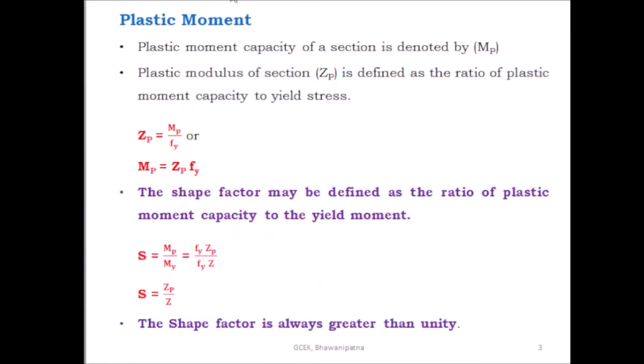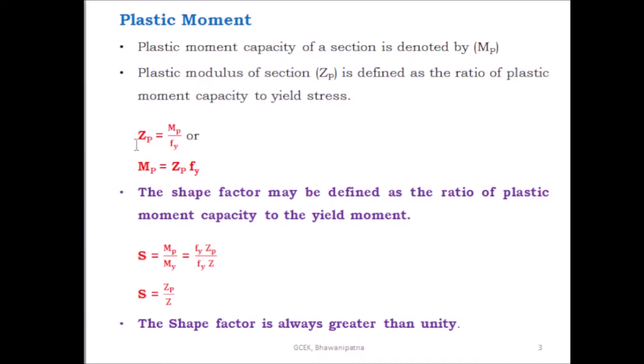Then coming to the plastic moment, the plastic moment capacity of a section is denoted by Mp. Then what is the plastic modulus of section? The plastic modulus of section, denoted by Zp, is defined as the ratio of the plastic moment capacity to yield stress.